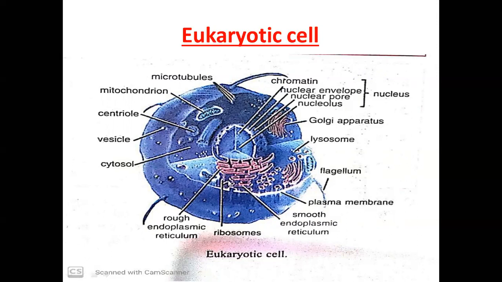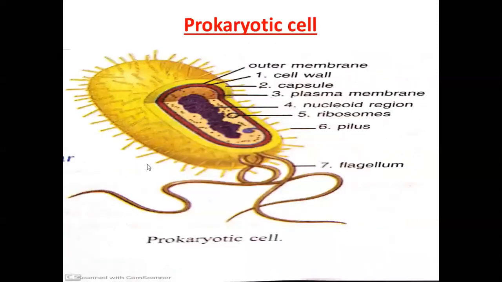Next is the prokaryotic cell. As we have already discussed, this particular cell does not consist of a nuclear membrane. So you can see the genetic material is freely present inside the cytoplasm. There is no nuclear membrane bound structure.